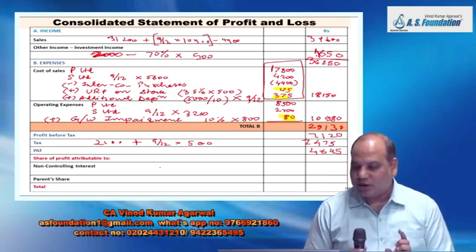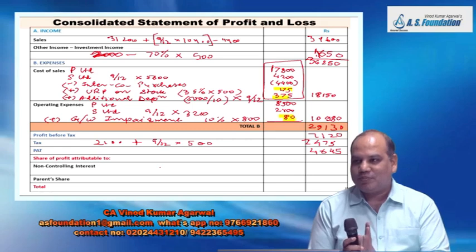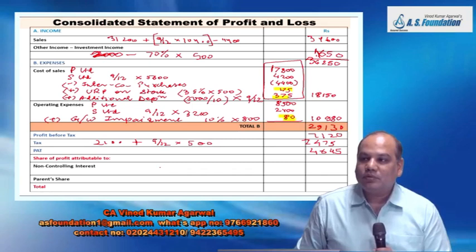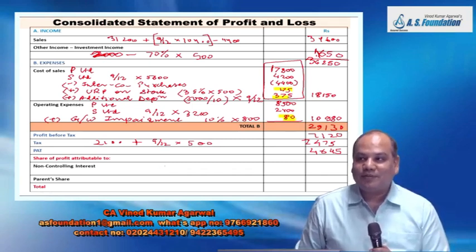What is the NCI share in the subsidiary's profit that I need to write? 105.75. Okay, one more try.